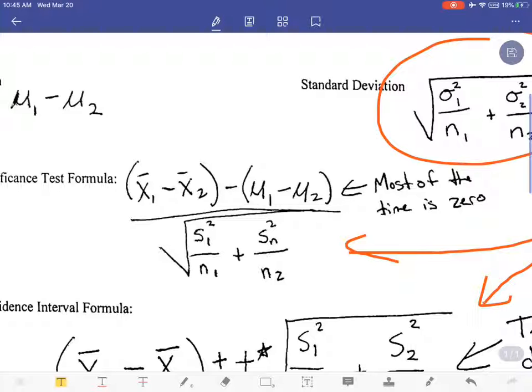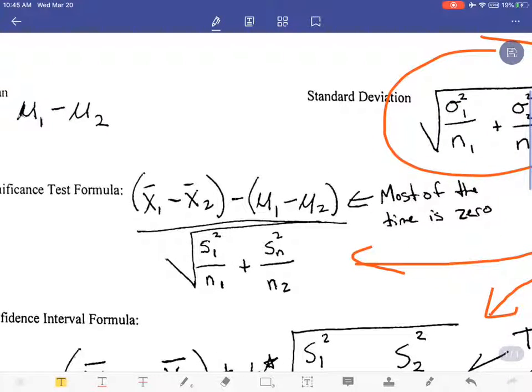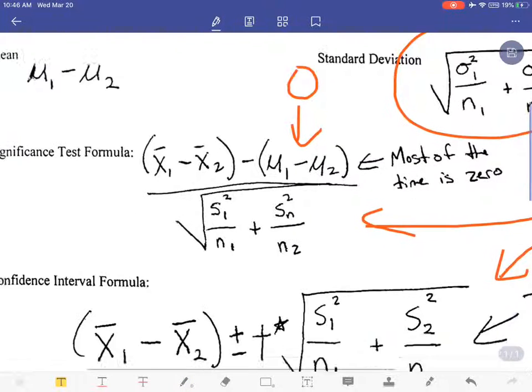And we're going to be testing to see if there is a difference, whether it's greater than, whether it's less than, or if it's not equal to. So we're going to be testing against if there is no difference most of the time. So this number is going to be essentially 0 almost all the time. So keep that in mind. Then, again, we divide by our new standard deviation formula.